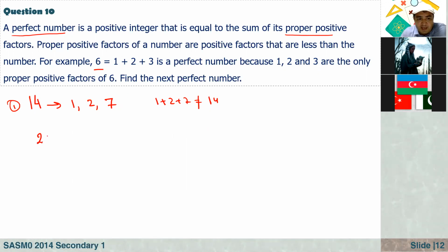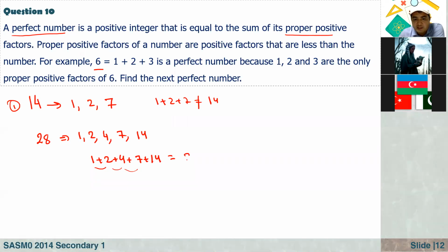But if you check 28, for example, what are the proper positive factors of 28? That is 1, 2, 4, 7, 14. That's it, right? Now if you add these numbers, 1 plus 2 plus 4 plus 7 plus 14, that's equal to 28.